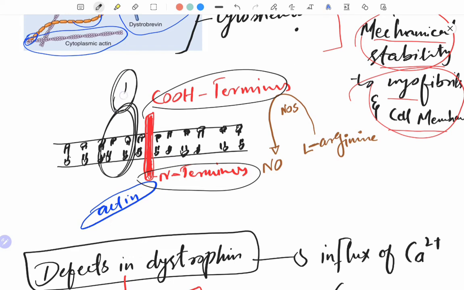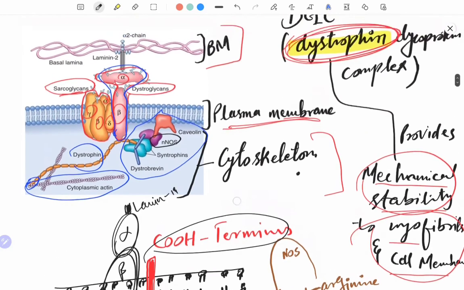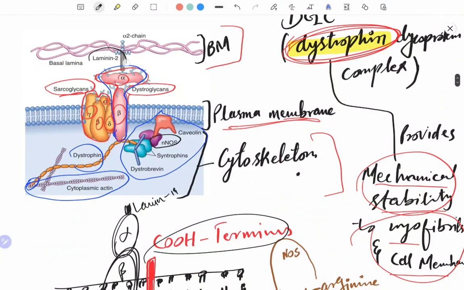This is the alpha component and this is the beta component of the dystroglycan protein, and the alpha component is attached to the laminin protein. Laminin 2 protein, you can look there. This is a laminin 2 protein.